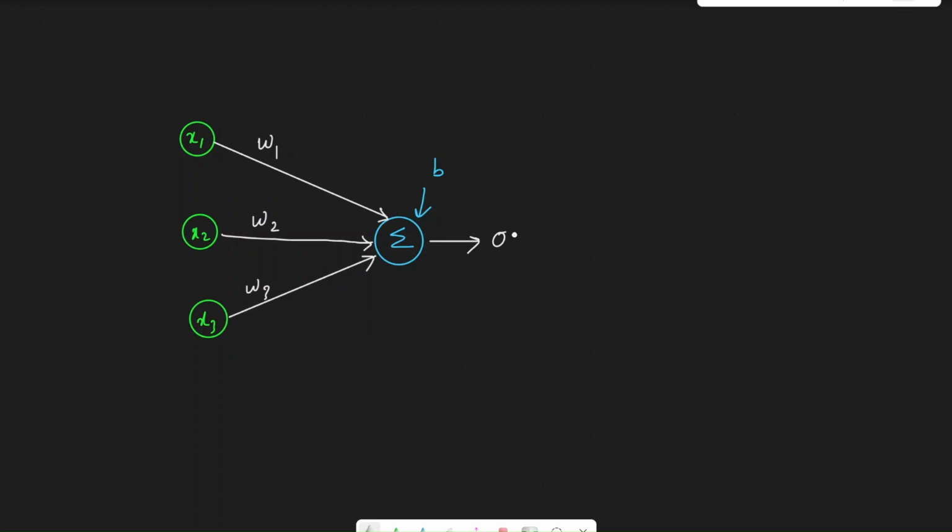So final output of this can be represented as w1x1 plus w2x2 plus w3x3 plus this bias B. So the final output from this neuron would be equal to this. And if you look carefully here, this is just a linear equation.